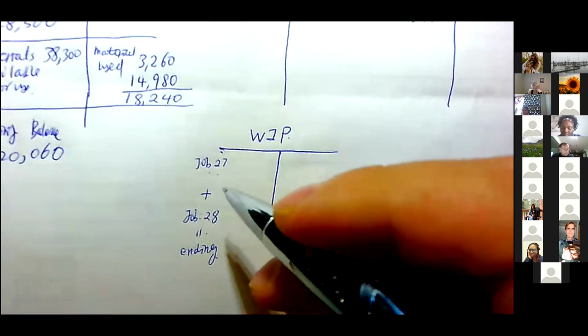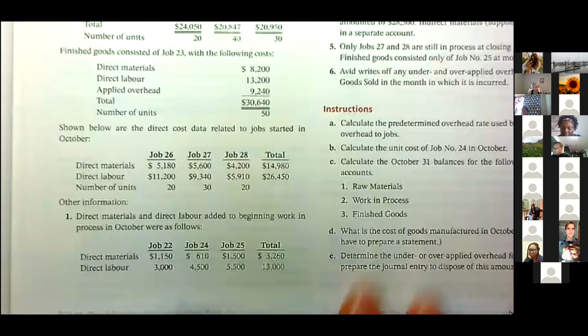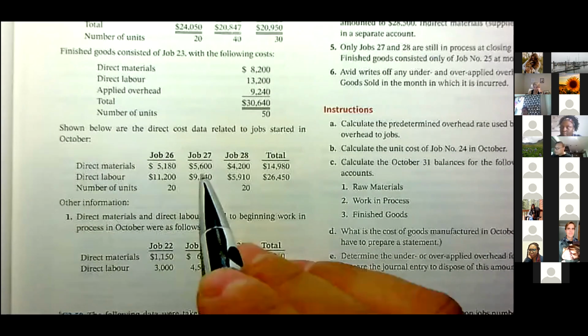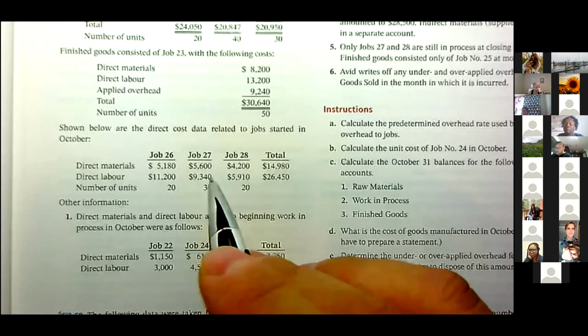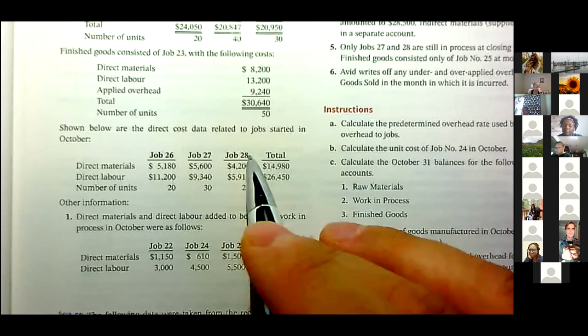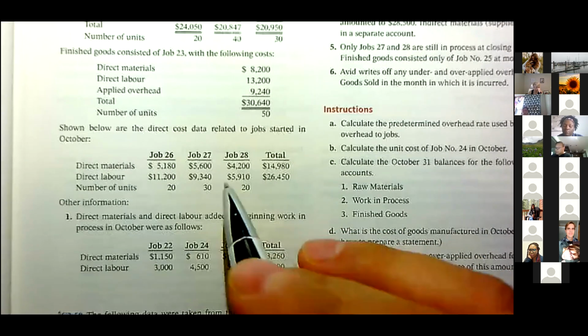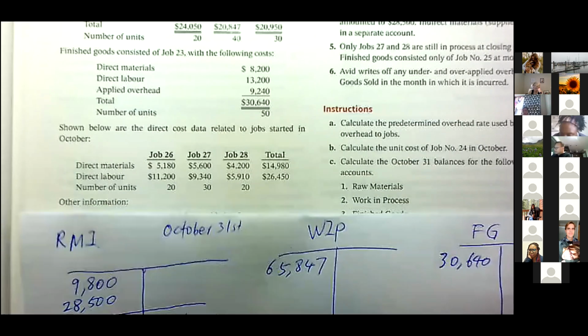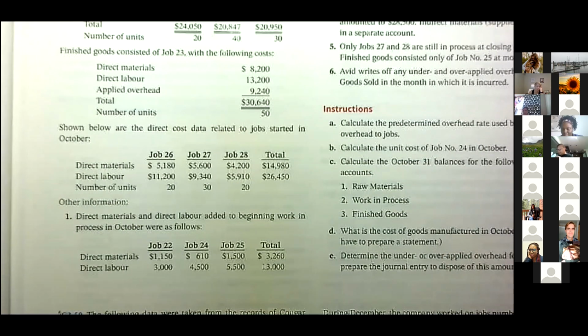So for job 27, we started from here, right? We started with this number: direct labor, direct material, and job 28, this. I'm going to add all these numbers together.